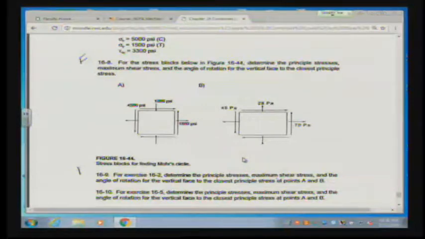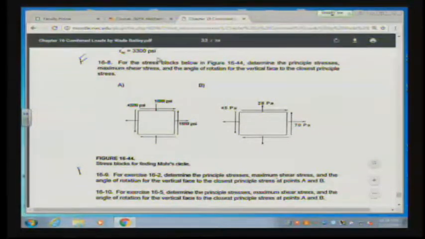Then when we come back on Monday, we'll talk a little bit more about torsion and how that adds to the tau value. So we'll do a couple more problems. And then beginning on Wednesday, we're going to start with stress blocks and use a technique called Mohr's circle to do the stress analysis.